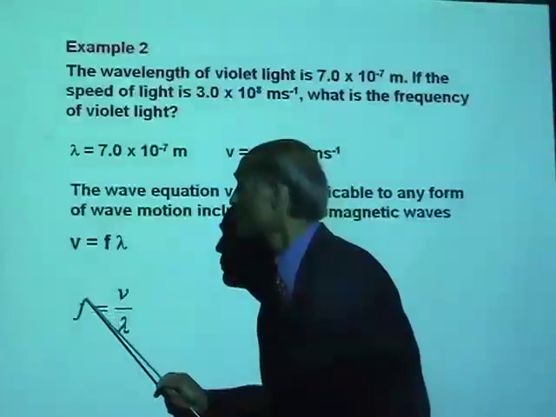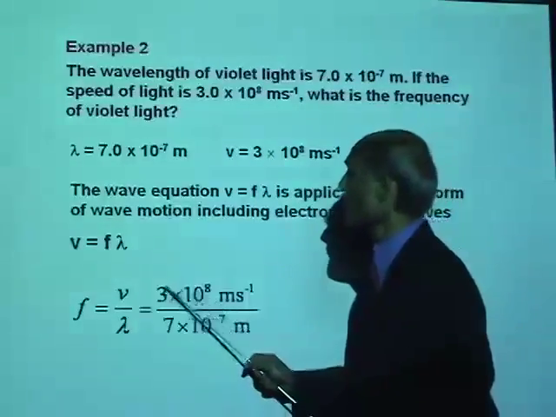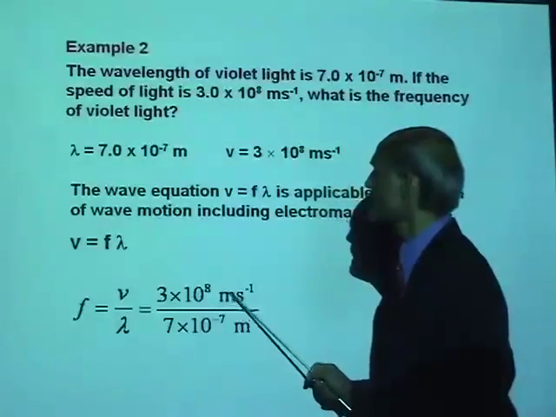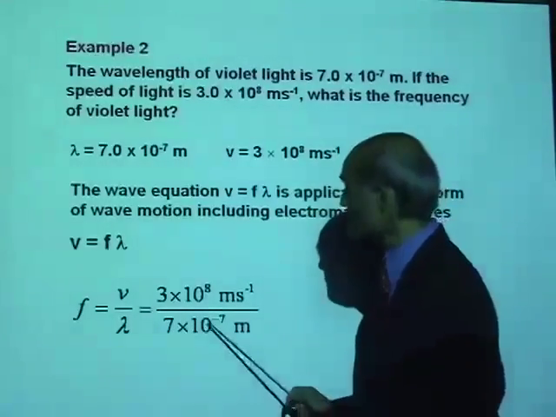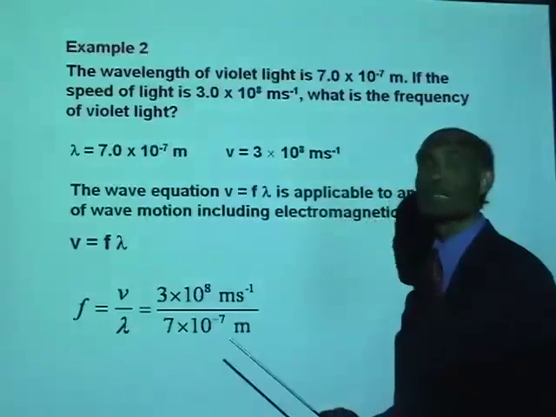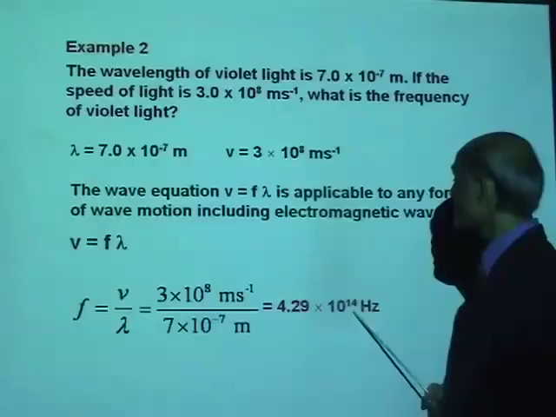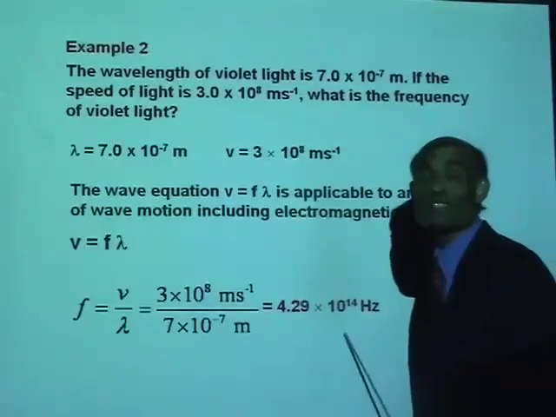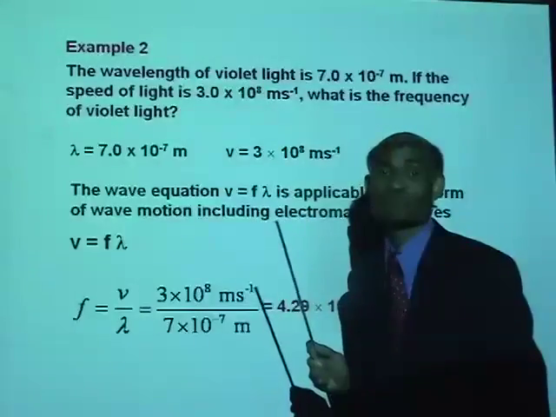Solve for the frequency. f equal to v over lambda. That will be 3 times 10 to the 8 meter per second divided by 7 times 10 to the negative 7 meter, and that is 4.29 times 10 to the 14 hertz, the frequency of violet light.